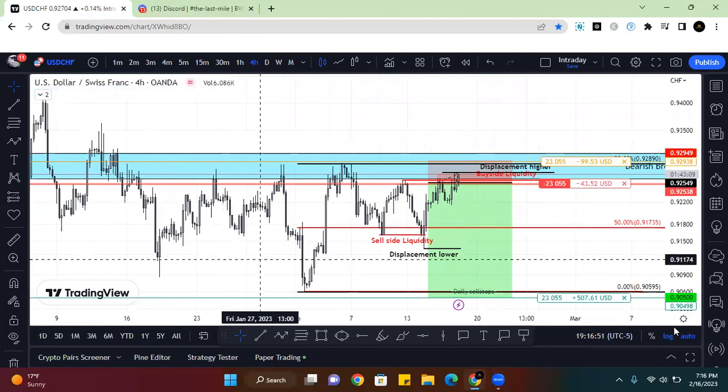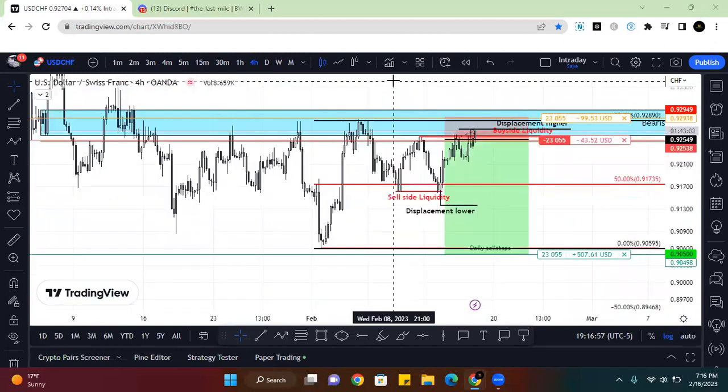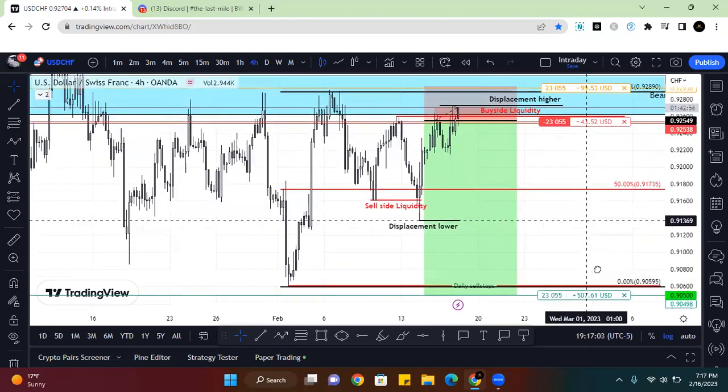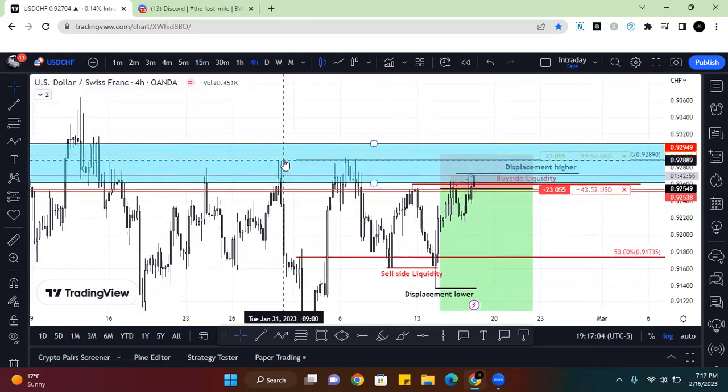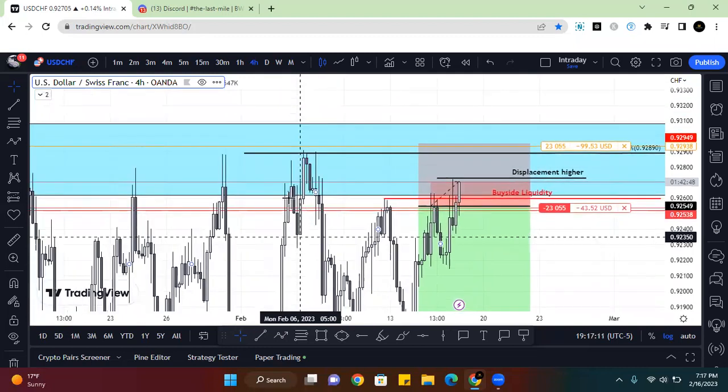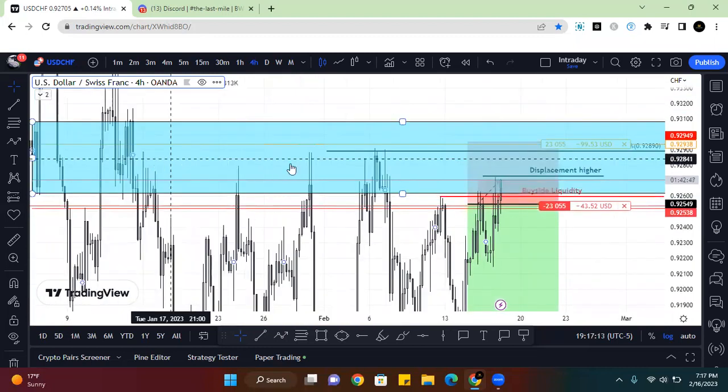So another idea for this trade was that relative to the USD Swiss franc. I don't know if I saw those same equal highs, I'm gonna lie to you.